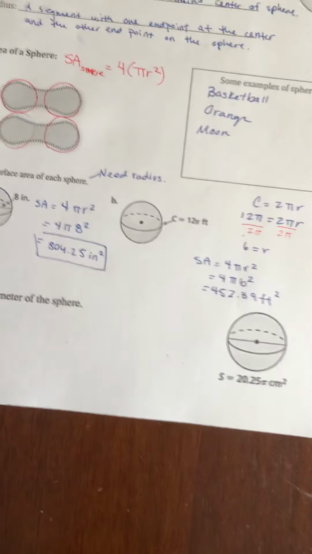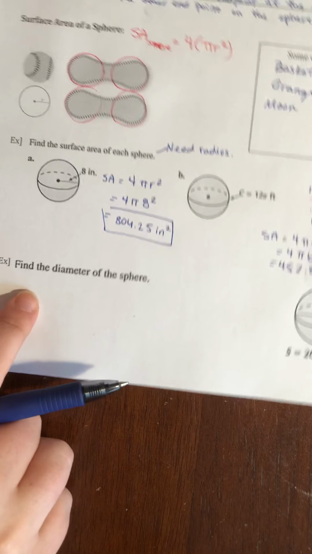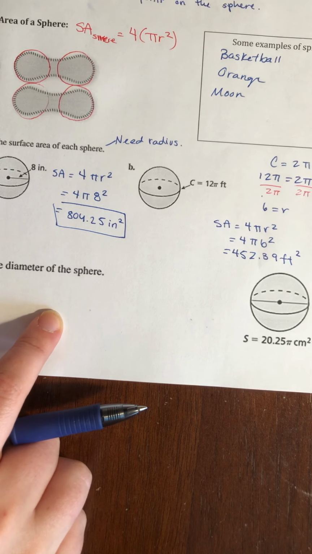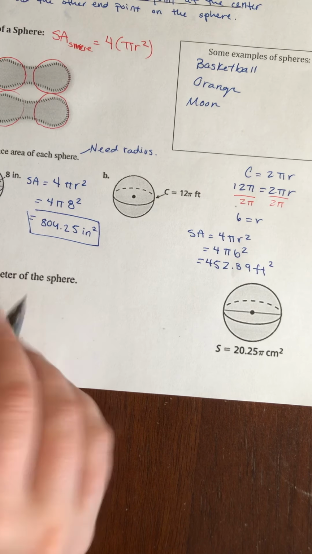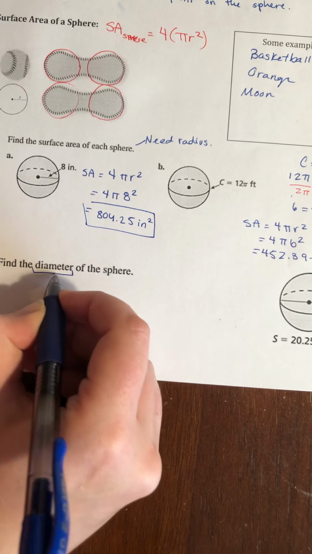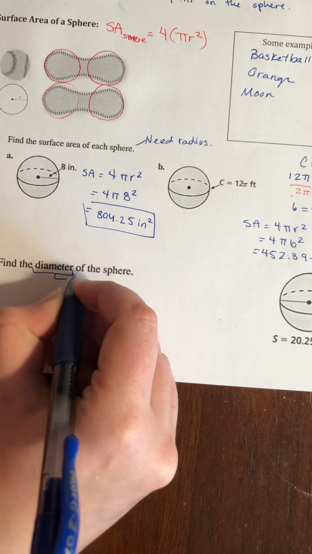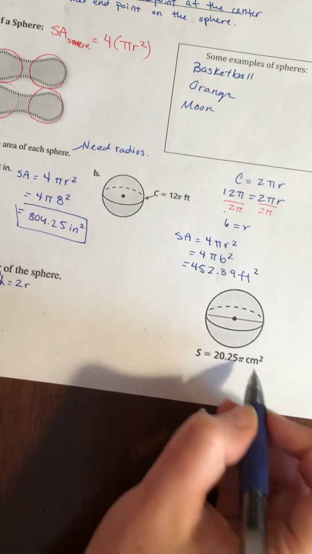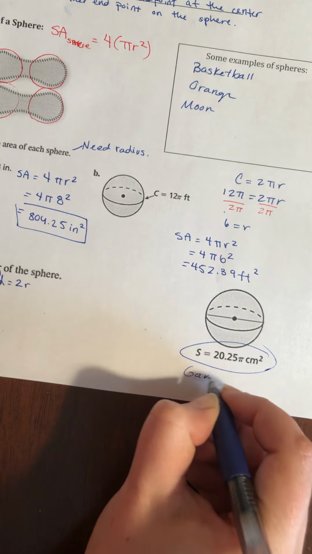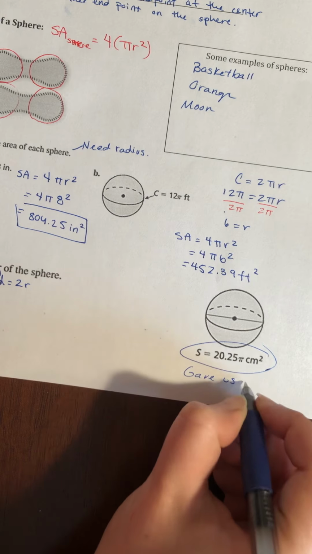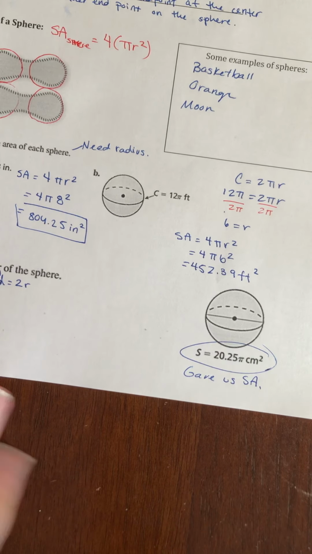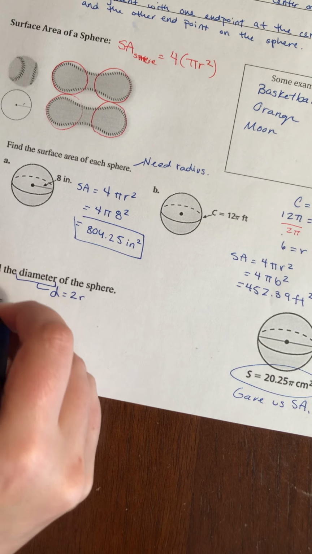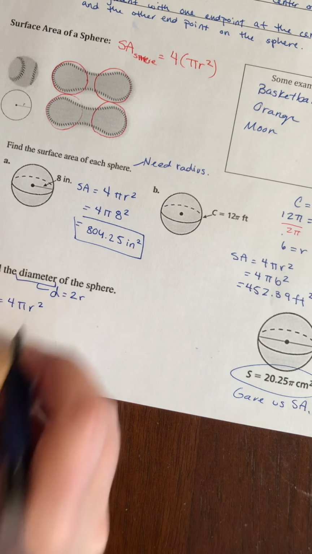Now, this is working backwards. Find the diameter of the sphere. Well, the diameter is 2 of the radiuses, so we can find the radius. And what did they give us? They gave us the surface area. So, surface area equals 4 pi r squared.